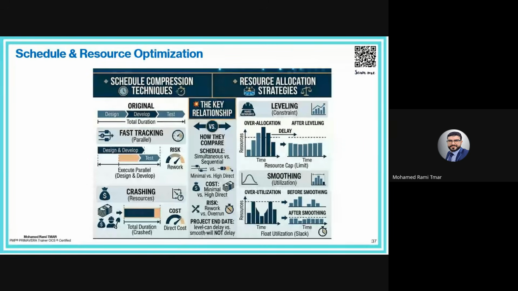So the advantage, of course, is reduced duration, but the impact here is increased cost. The productivity will be good since the resources are doubled, but the cost of these resources will be double also. So the simple idea of crashing: add resources to go faster, but pay more at the end.